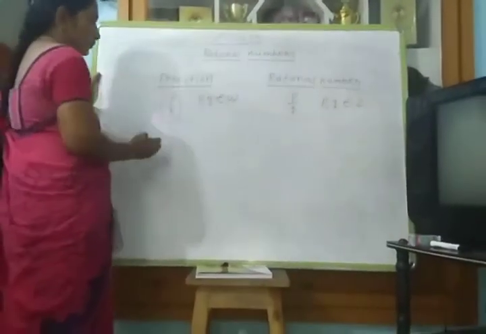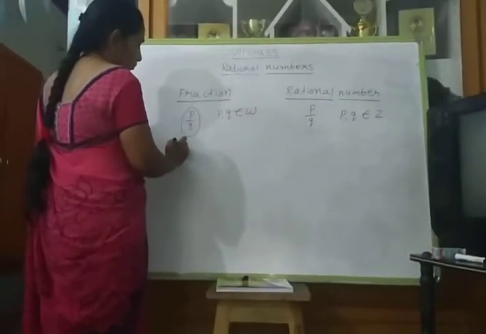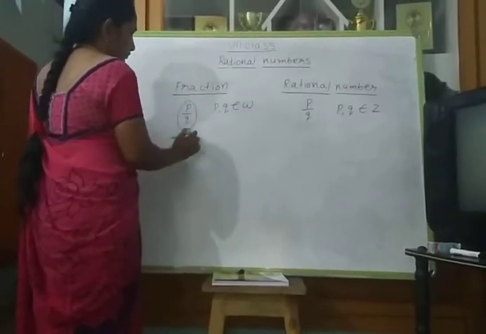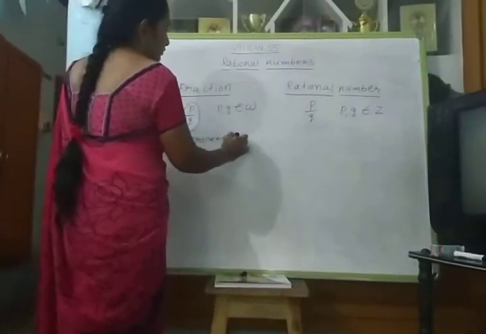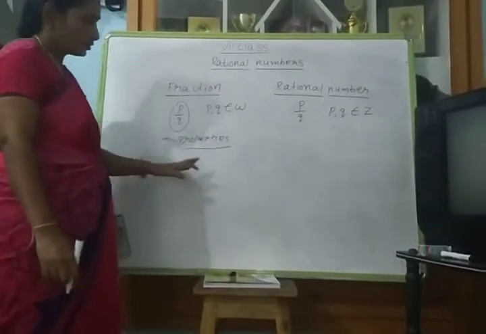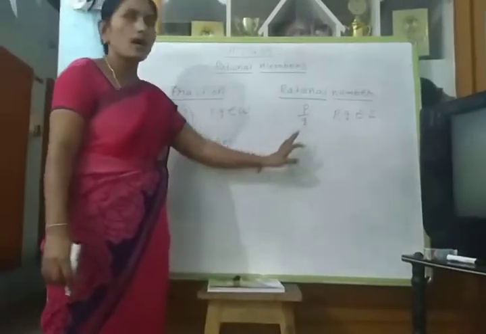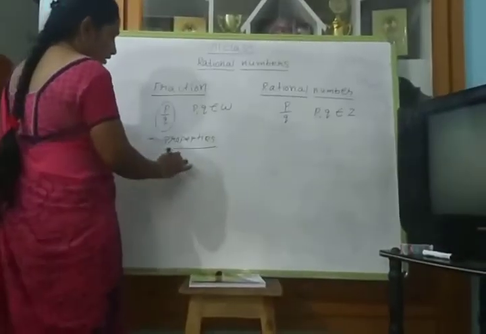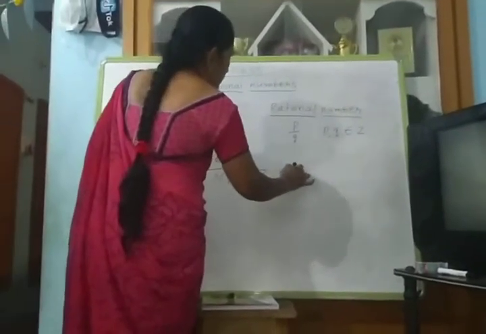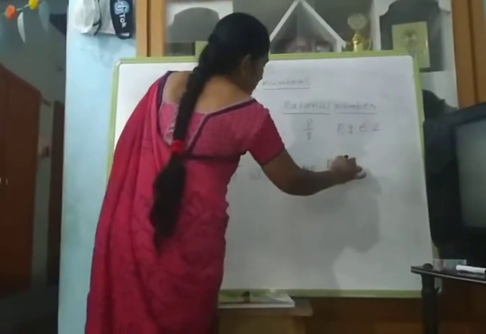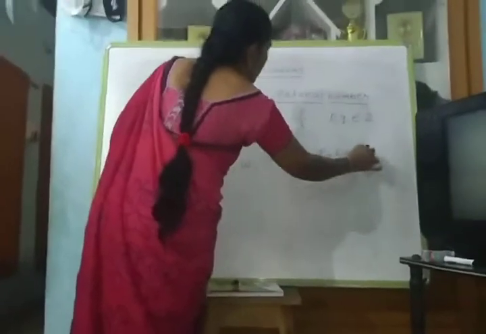Some properties: all natural numbers, whole numbers, and integers are rational numbers. But the reverse is not possible.